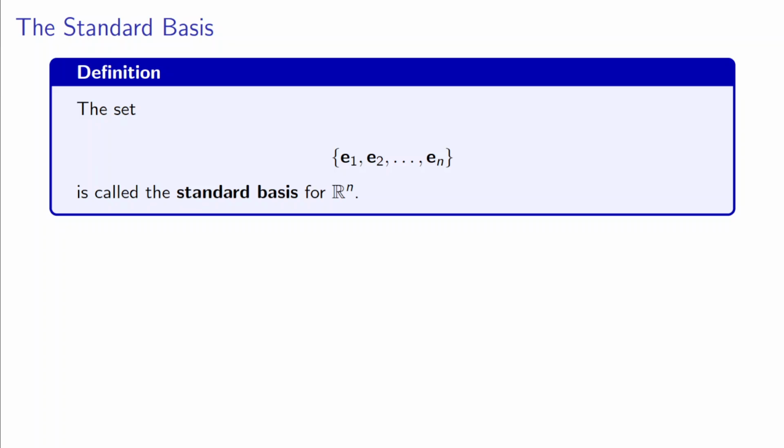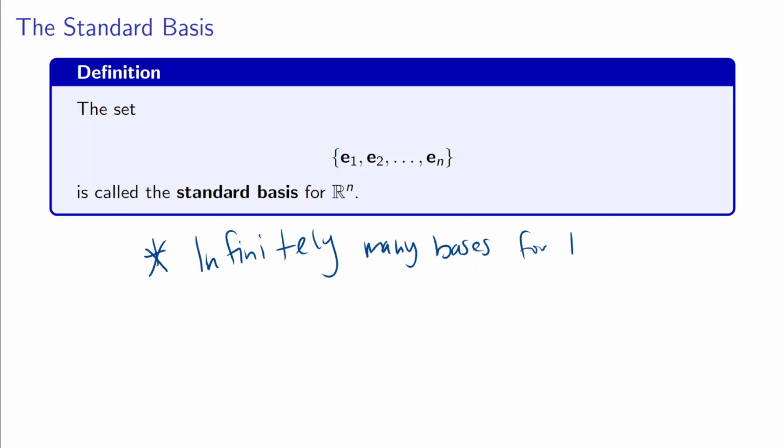So there's infinitely many bases for Rn. I don't want us to get caught up in, oh, this is the basis. This is what we'd call the standard basis, but there are many, many choices. So anytime you've got a set of vectors that span Rn and are linearly independent, they will form a basis.